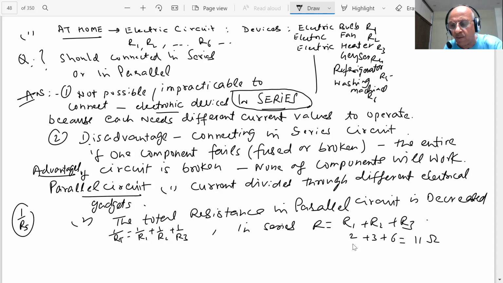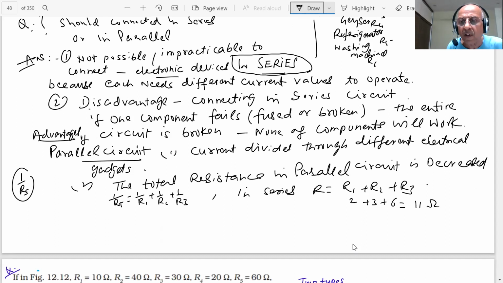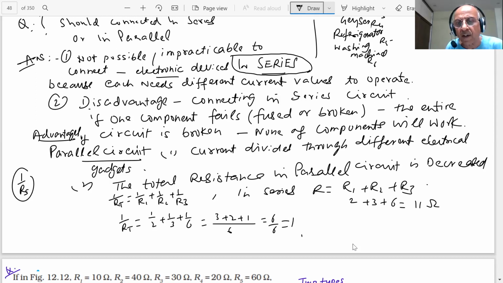In parallel, 1 by 2 plus 1 by 3 plus 1 by 6: the common denominator is 6, giving 3 plus 2 plus 1, which is 6 by 6, equal to 1. So in parallel it is 1 ohm, and in series it becomes 11 ohms. Thus in series resistance increases, in parallel it becomes less.